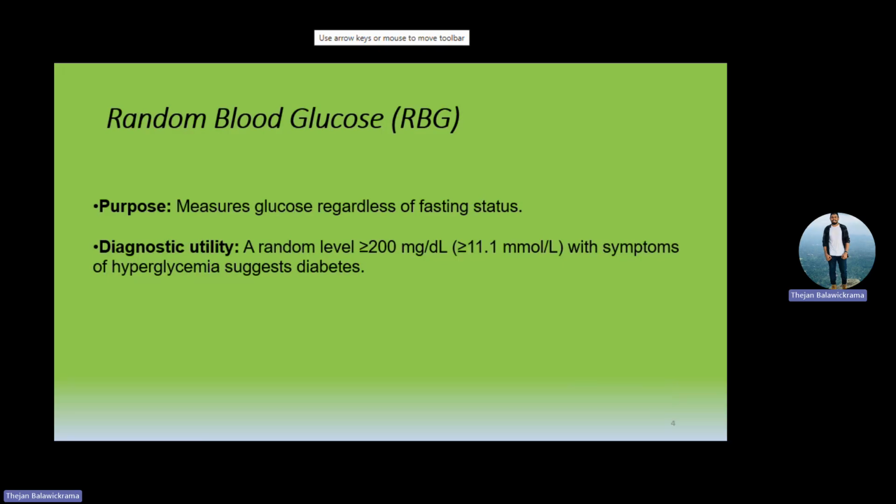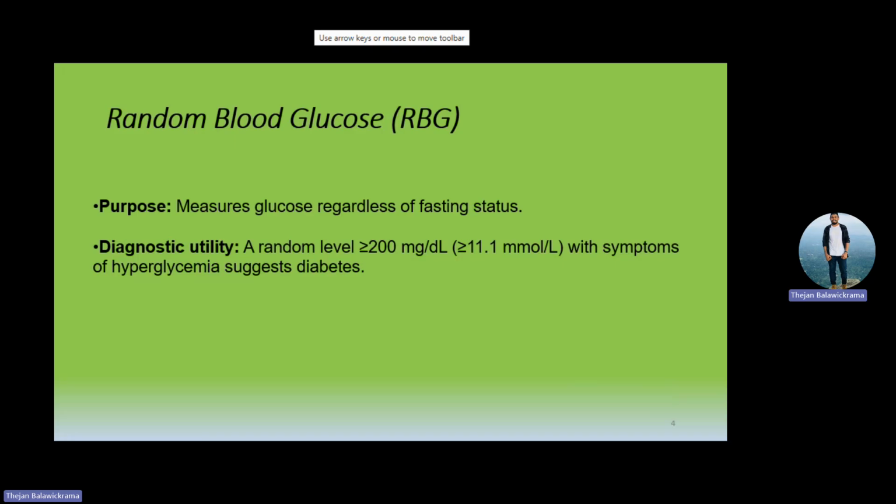In that case, we get an idea of how much glucose remains in the blood while we are eating normally, while we are taking glucose in and consuming glucose, with in and out both there. That is what we call random blood glucose.